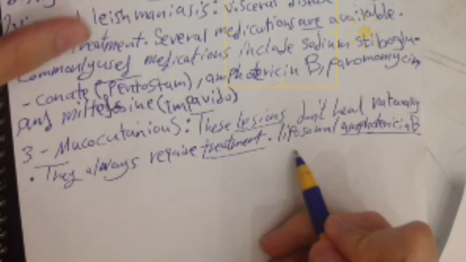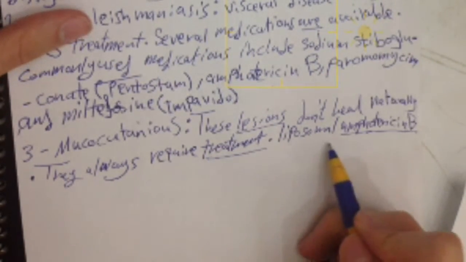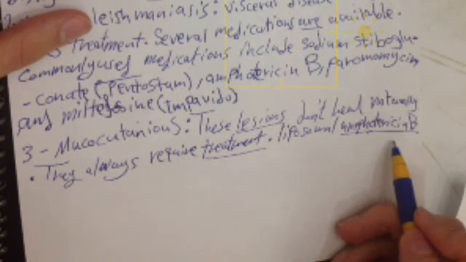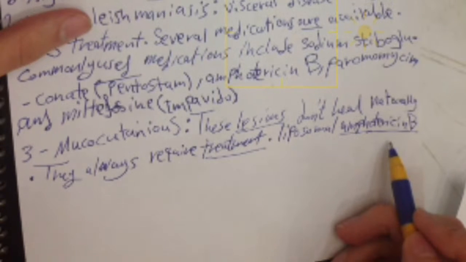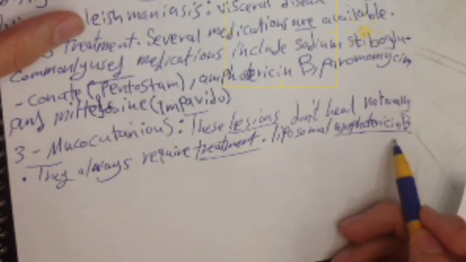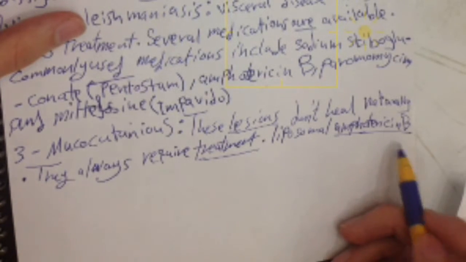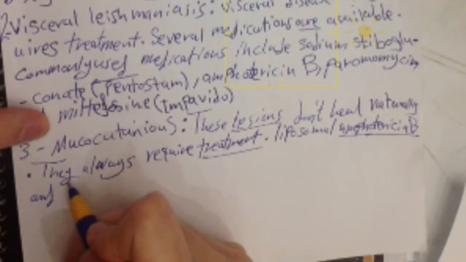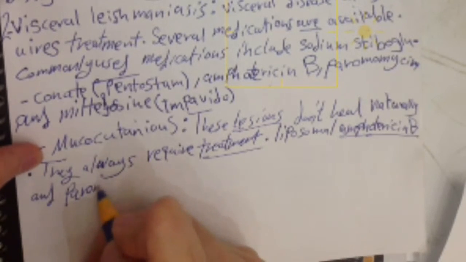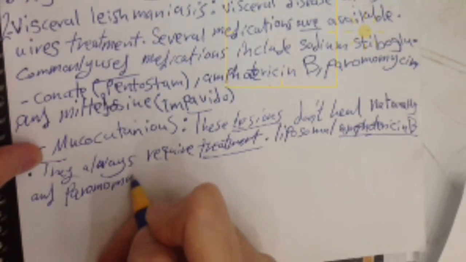We have the liposomal amphotericin B, here, amphotericin B, and we have the paromomycin.